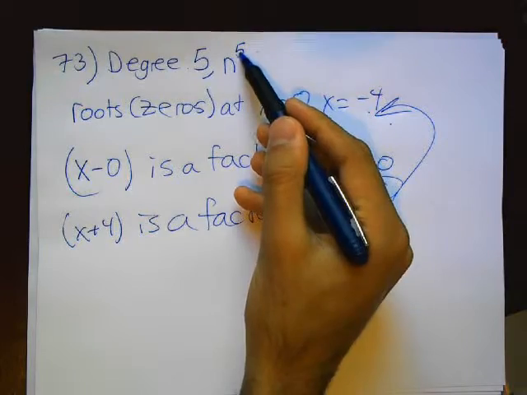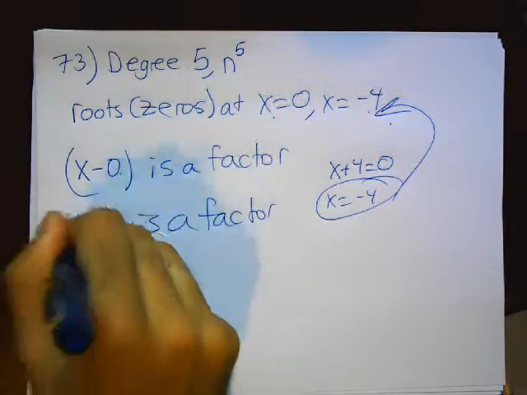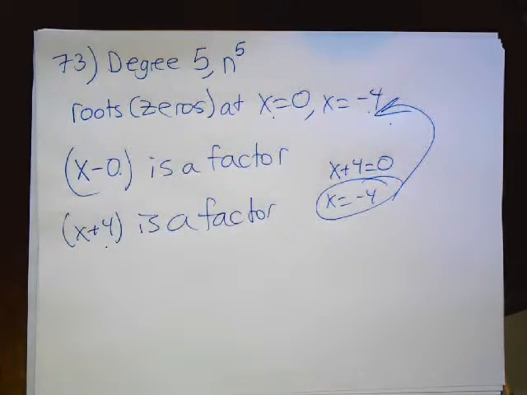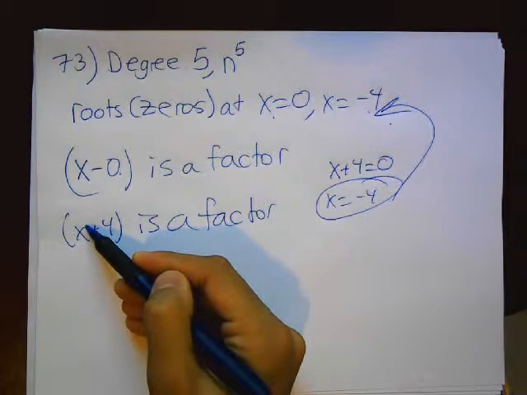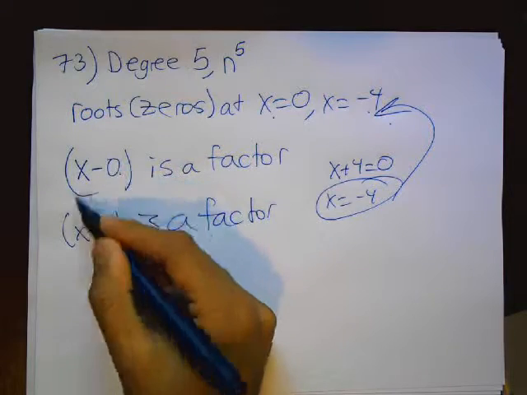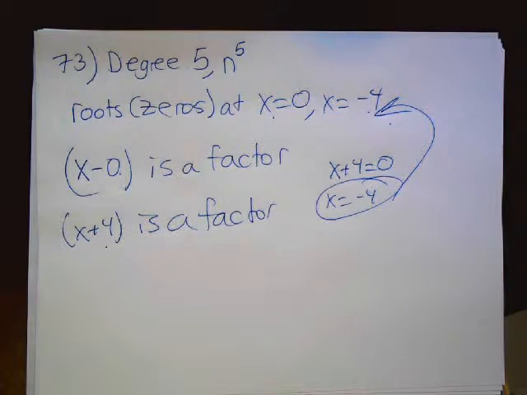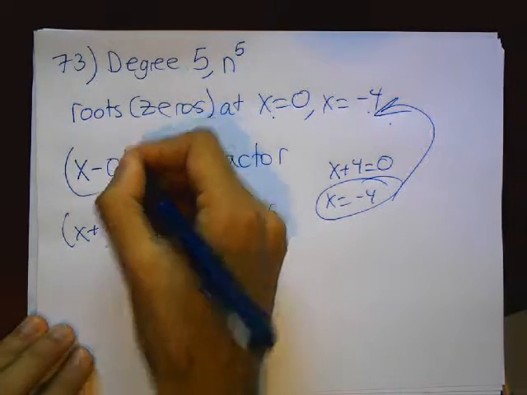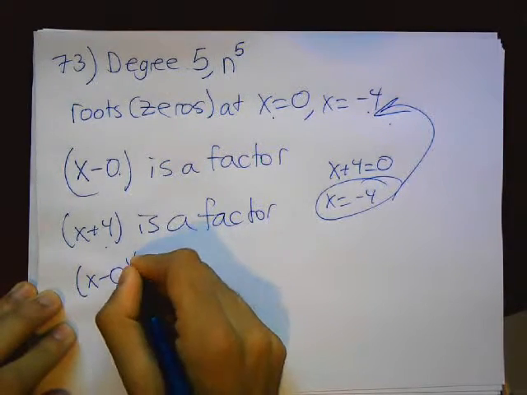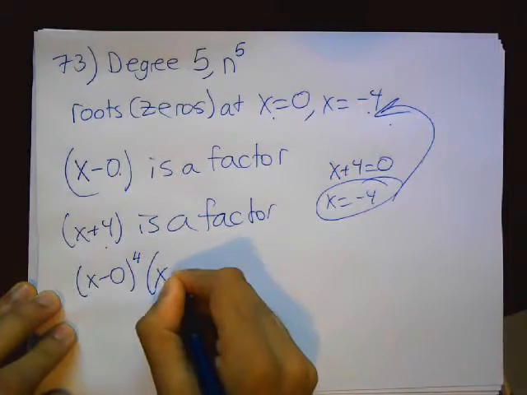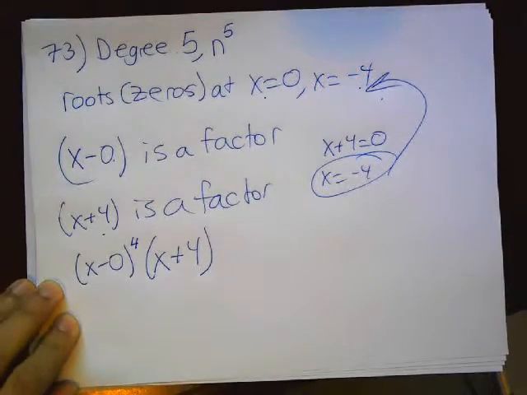And we need to make this 5th degree, right? If I just multiplied this times this, I would not get a 5th degree polynomial. If I did this times this, I would get x squared. So how could we make this be x to the 5th? Well, what if we make this a 4th root?